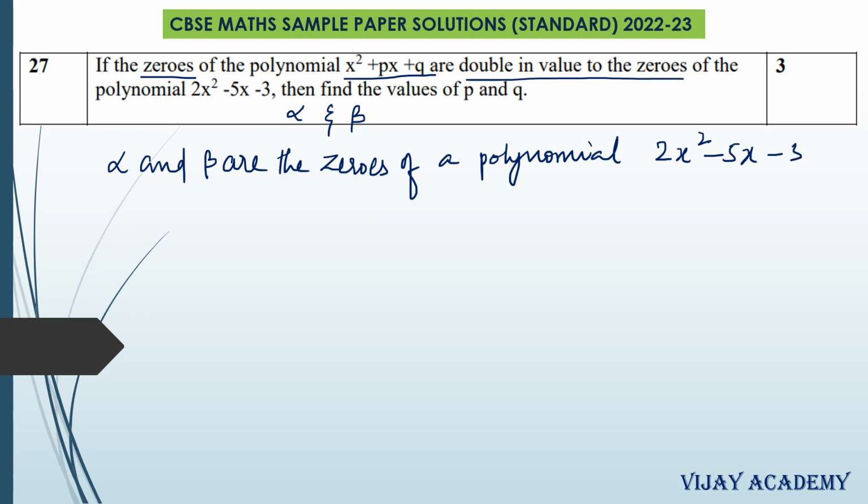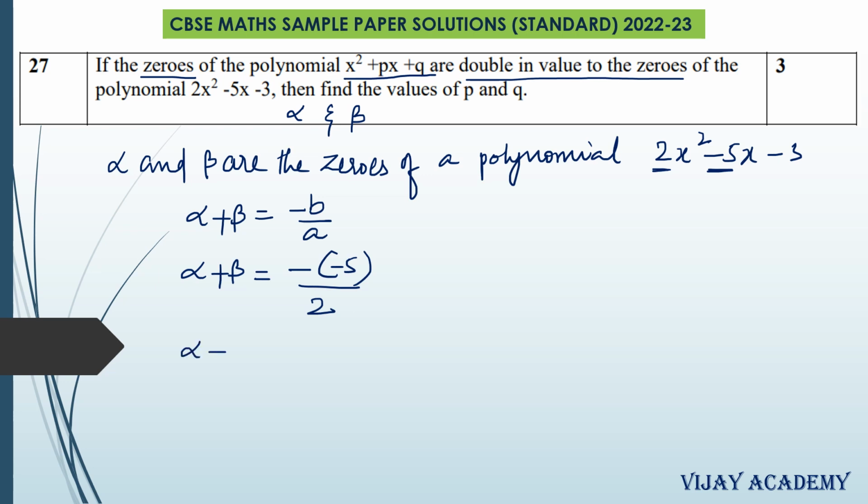From this let us write the sum of the zeros, which is alpha plus beta equals minus b by a. So let us substitute the value of b and a. We get alpha plus beta equals minus of minus 5, because the value of b is minus 5 and the value of a is 2. So minus of minus 5 by 2. So finally we get alpha plus beta equals 5 by 2.